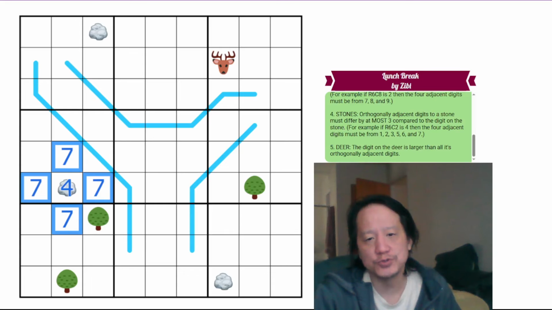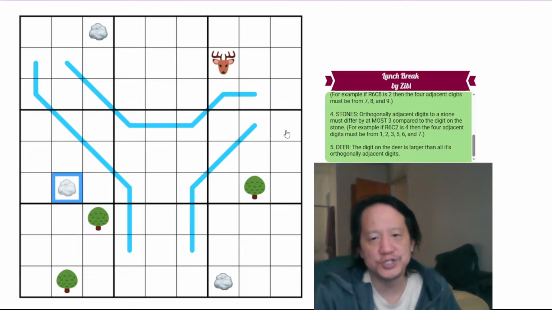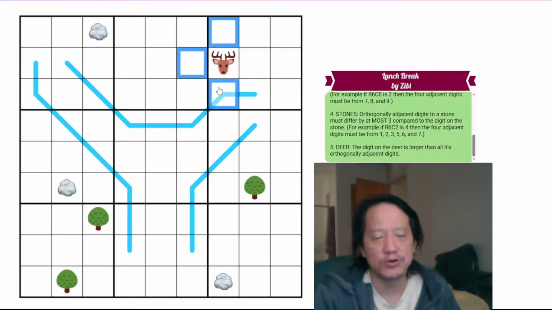And that's how stones work. And finally, we have a deer, where the digit on a deer is larger than all of its orthogonally adjacent digits. So this digit must be greater than the 4 cells that share an edge with it.